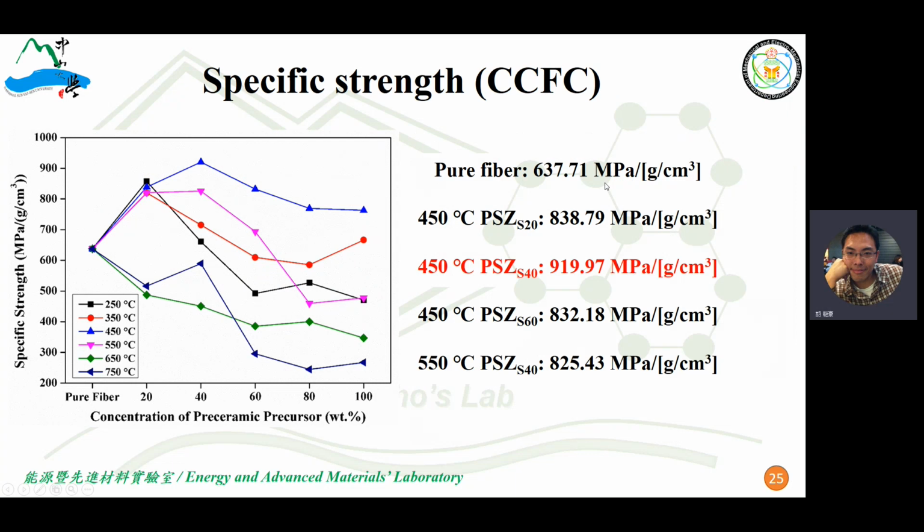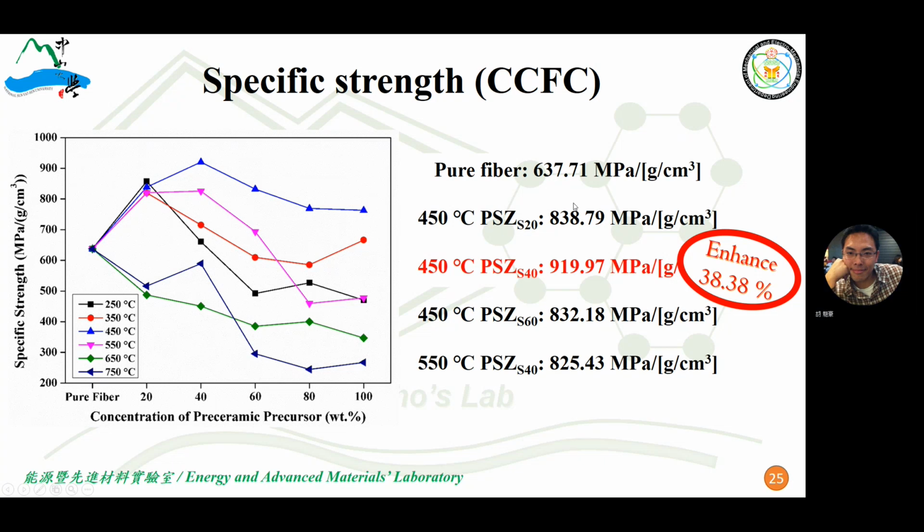So what's the specific strength? That means the tensile stress is divided by the specific density. Therefore, we figure out that when this carbon fiber composite is incorporated with 40% of preceramic precursor and pyrolyzed at 450, its specific strength is enhanced almost 40%.